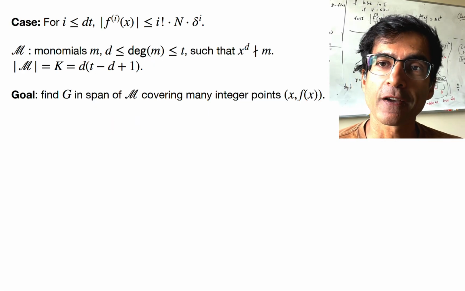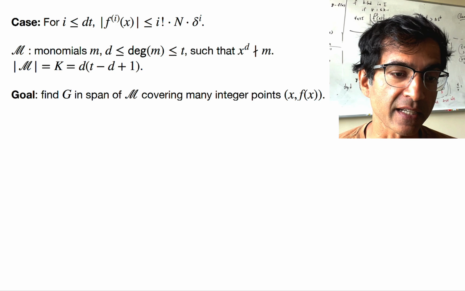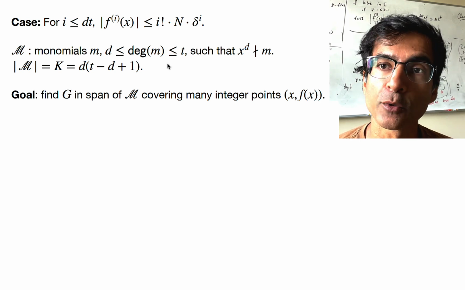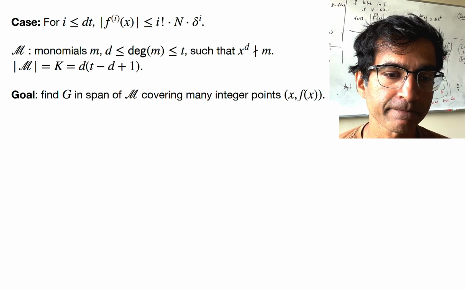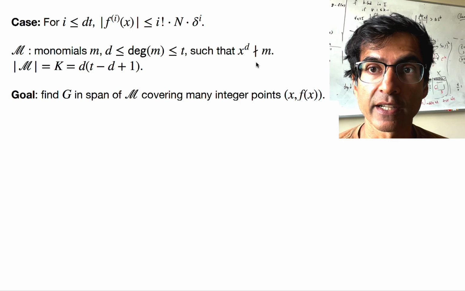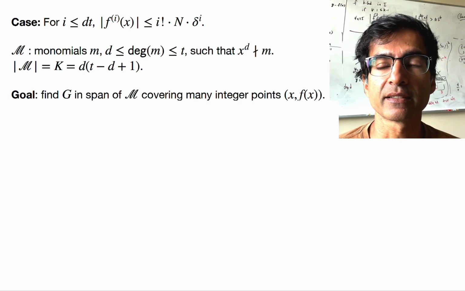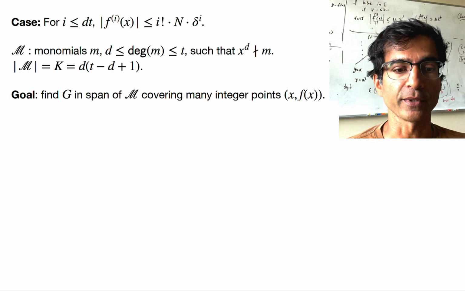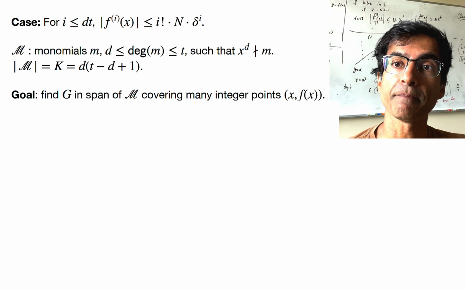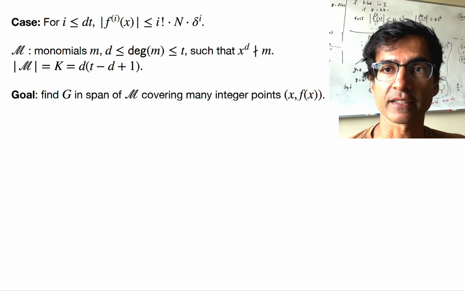All right, so now we found this set of monomials of size k. All of the monomials have degree between d and t, and x to the d does not divide any of the monomials. Our goal is to find a g that's in the span of these monomials, that covers many integer points of the type x, f of x.